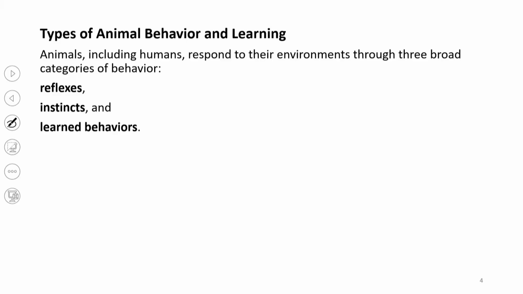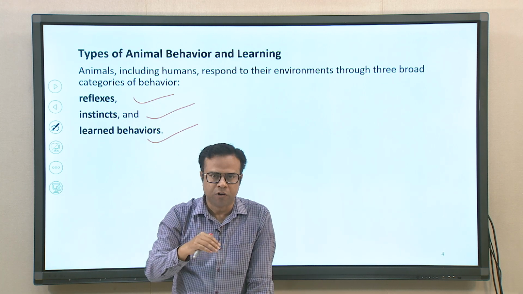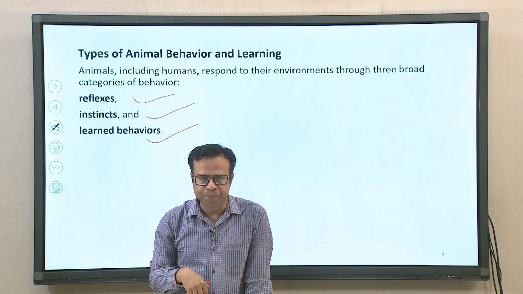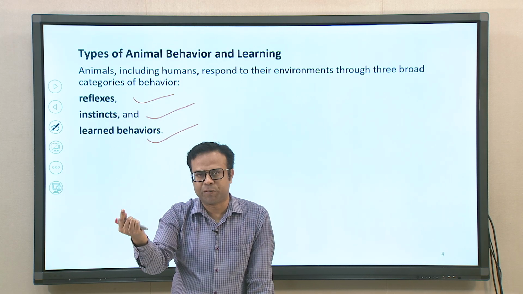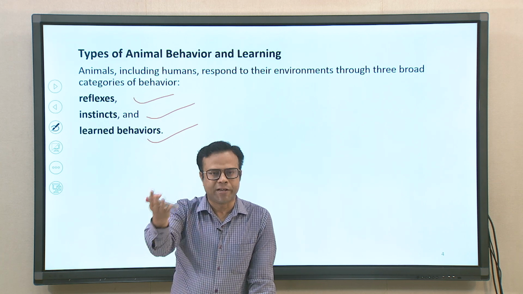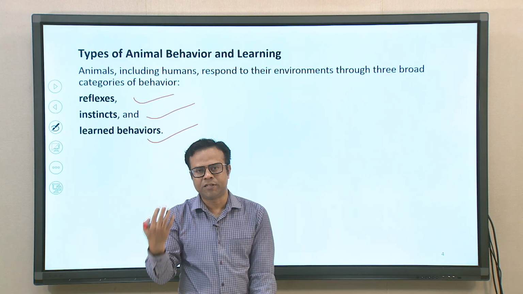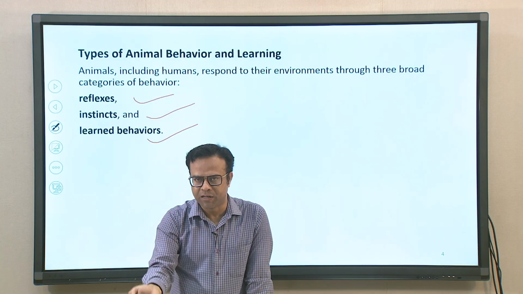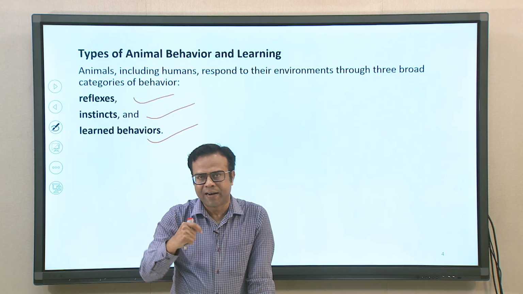One is called reflexes, another is called instincts, and the third one is called learned behavior, which will be the focus of this module, how we learn behaviors. We also need to understand how learning is different from reflexes and instincts. These 3 are the ways by which we respond to the environment, and accordingly we adapt.